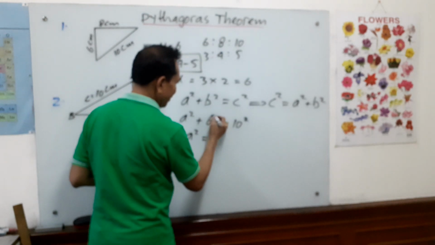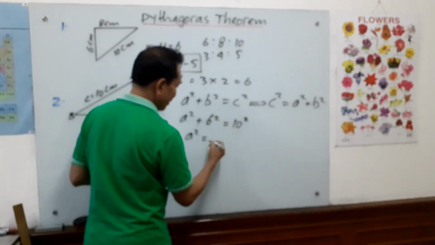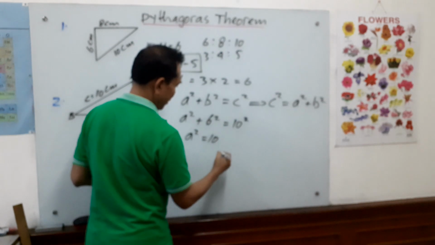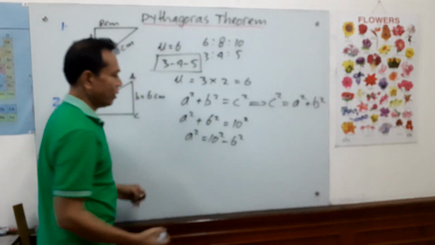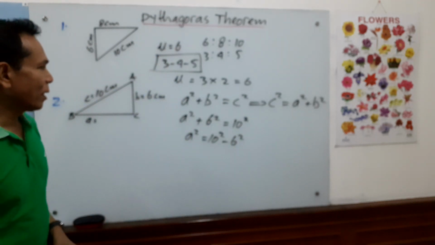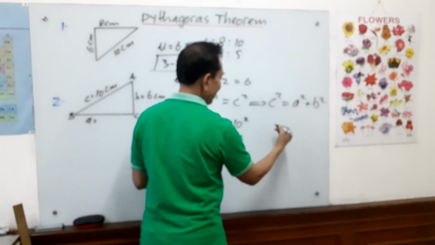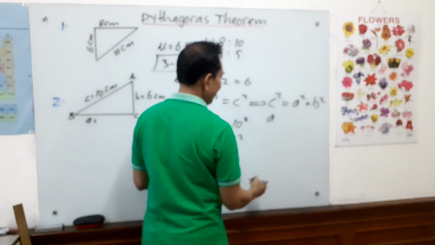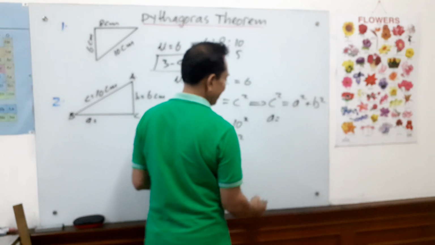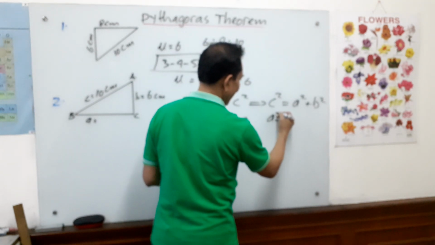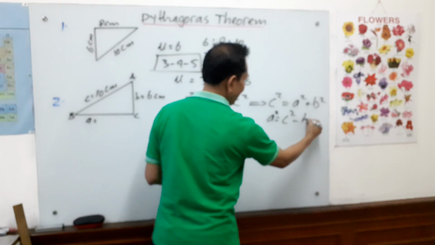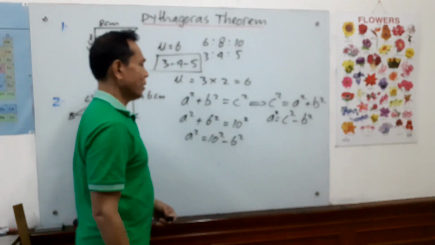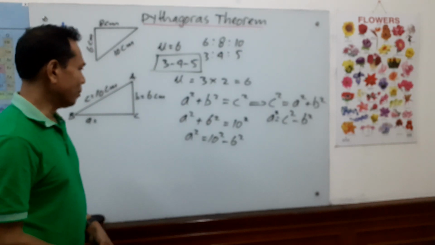So 10 square minus 6 square. Now, if we convert it, A square equals C square minus B square.